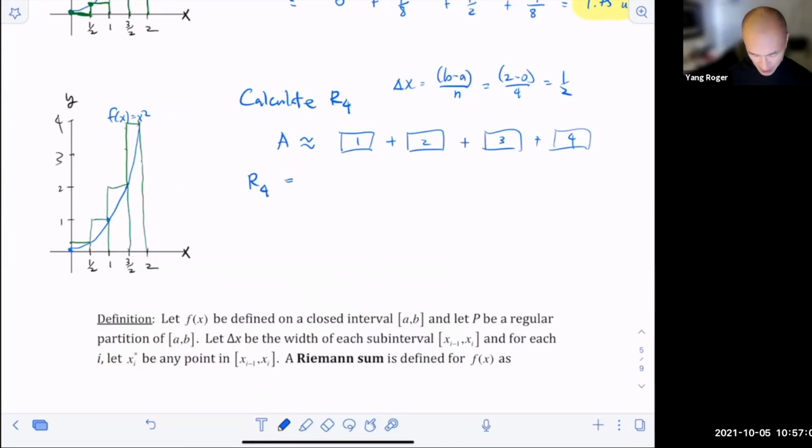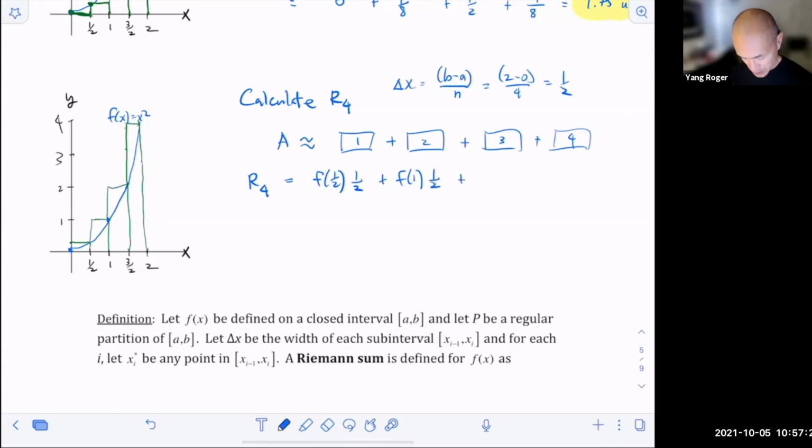To figure that out, we need to evaluate the height of our function, which for the first rectangle is going to be f of 1/2, and then multiply by the width, which is 1/2. For the second one, the height is going to be f of 1, and the width is just going to be 1/2 still.